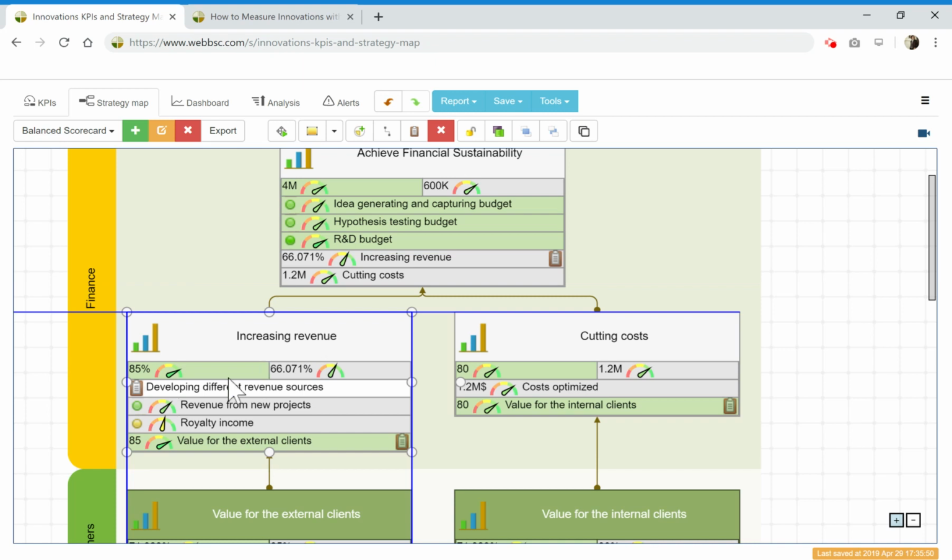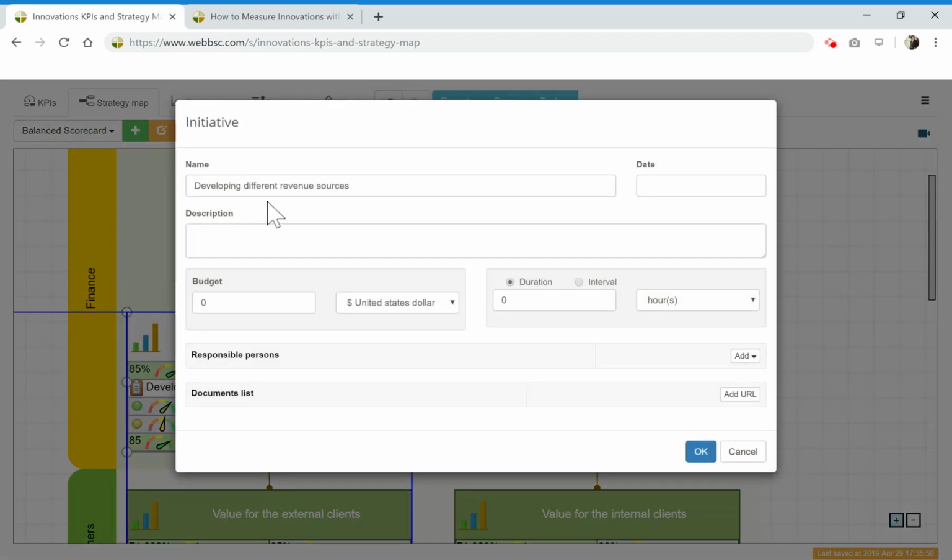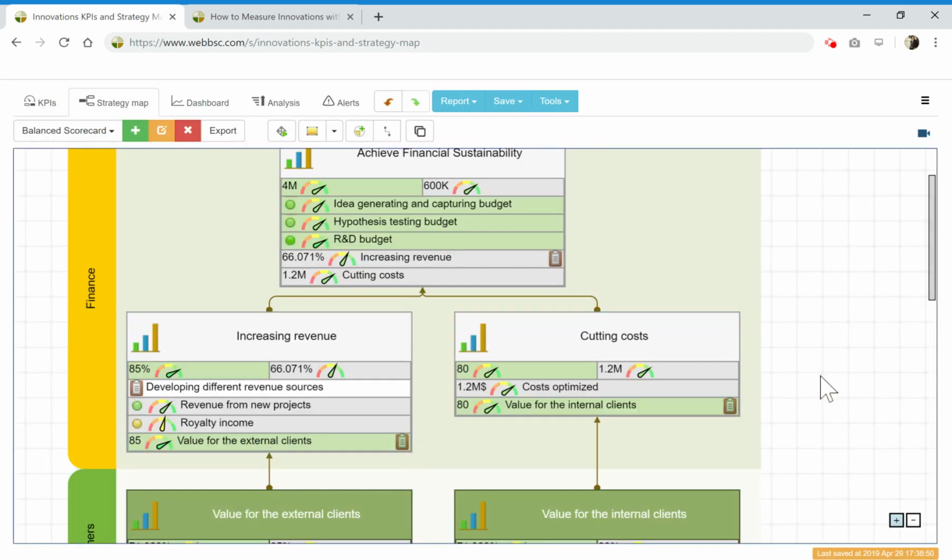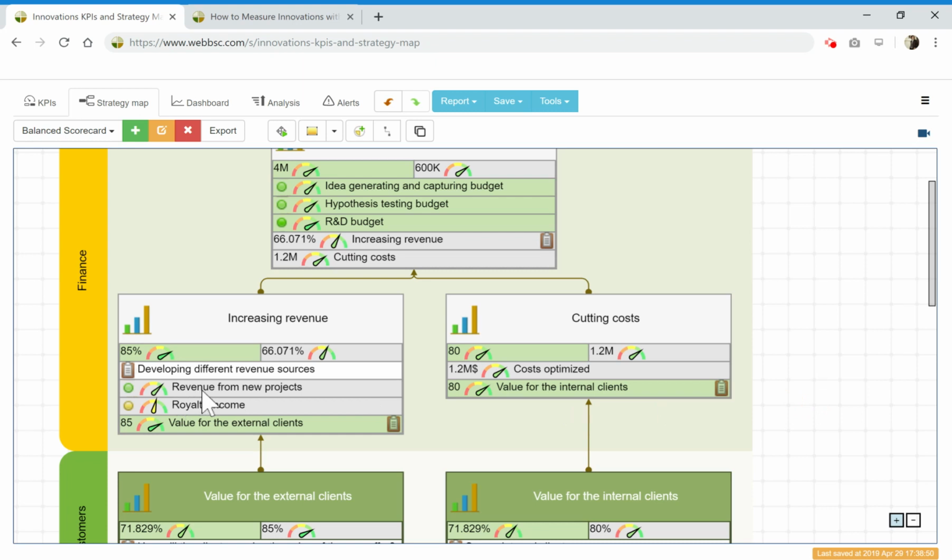And we map this in form of this initiative here. So if I click, I will have details. Developing different revenue sources. So you can put here some description, some budget, assign some person responsible, probably align some documents and things. Okay, so these are the financial goals.